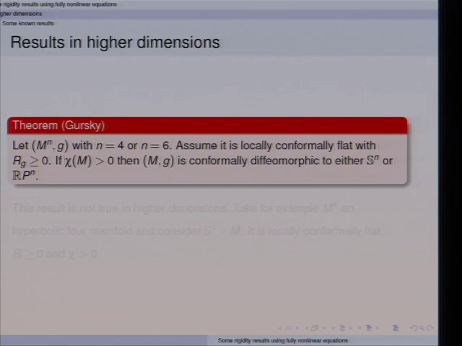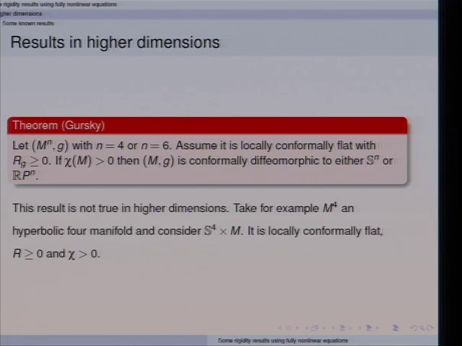Okay, so the question is, is this result true in higher dimension? So in his paper, Matt made the remark that this result is no longer true in higher dimension. You take a hyperbolic 4-manifold and you consider the product of S4 with this hyperbolic 4-manifold, and you will get a locally conformally flat manifold with non-negative scalar curvature and positive Euler-Poincaré characteristic.